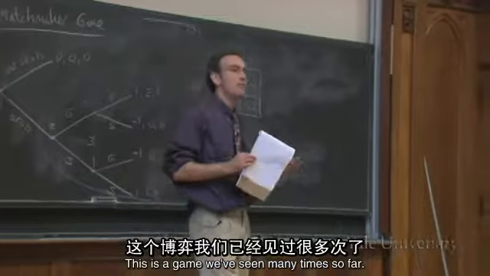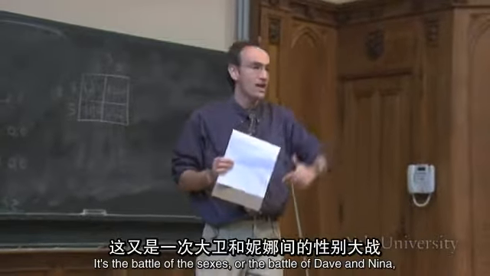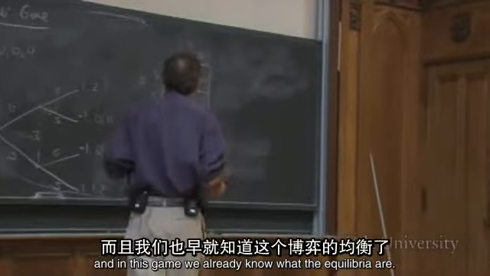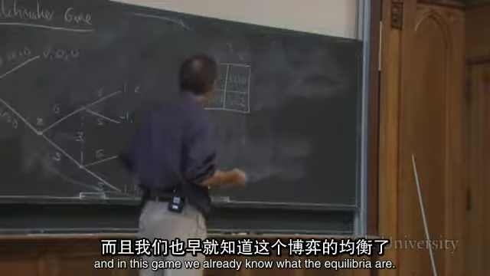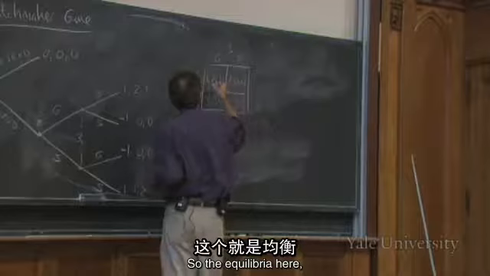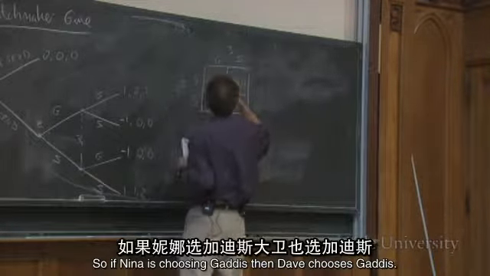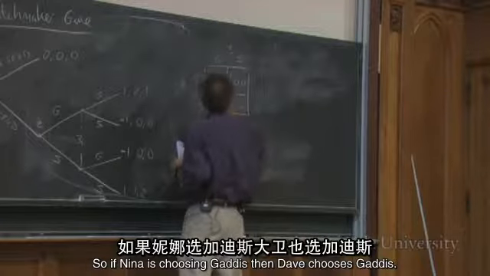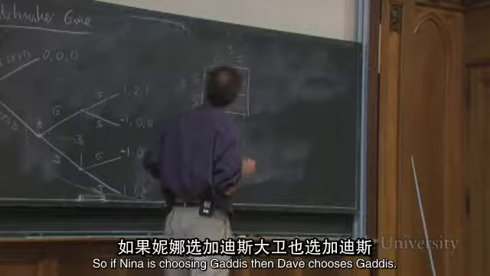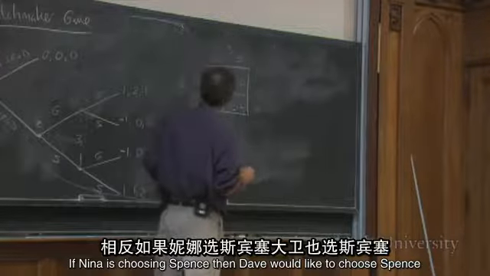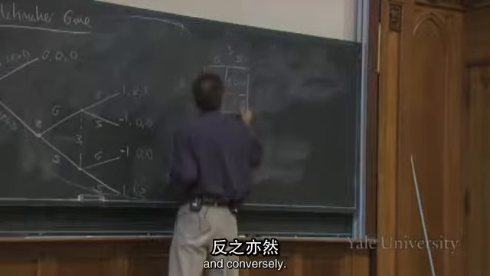This is a game we've seen many times so far. It's the battle of the sexes, or the battle of Dave and Nina, and in this game, we already know what the equilibria are. Let me just underline best responses. If Nina is choosing Gaddis, then Dave chooses Gaddis. If Nina is choosing Spence, then Dave would like to choose Spence, and conversely.